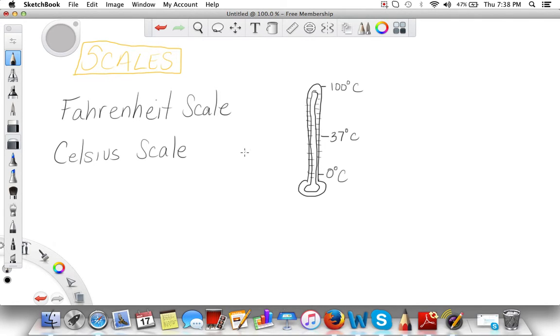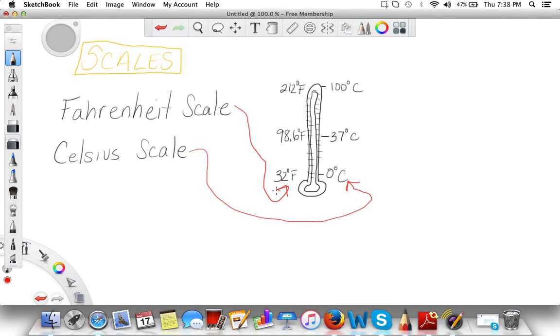All right. And then you have the same thing on the left. So you have 32 degrees Fahrenheit, 98.6 degrees Fahrenheit there, and then 212 degrees Fahrenheit. If you notice, the numbers on the Fahrenheit scale don't match up with the numbers from the Celsius scale.